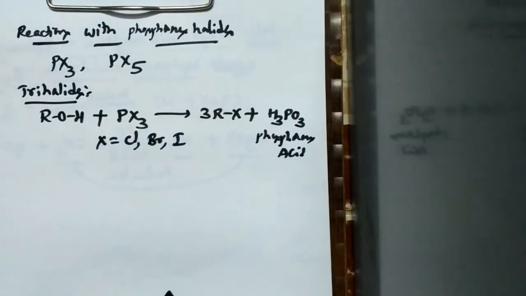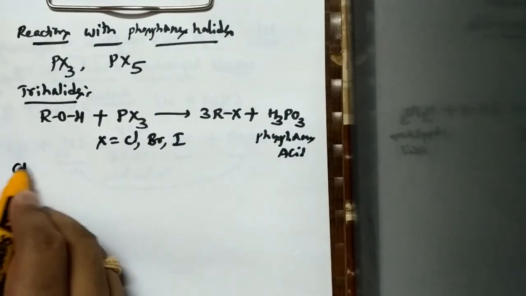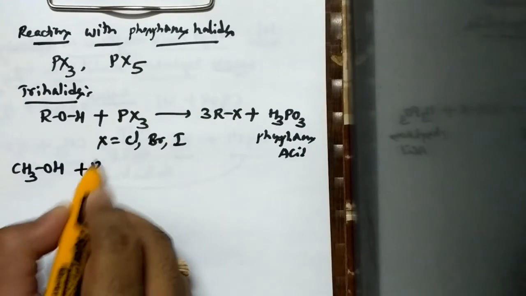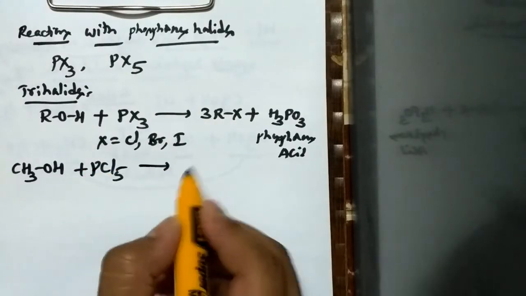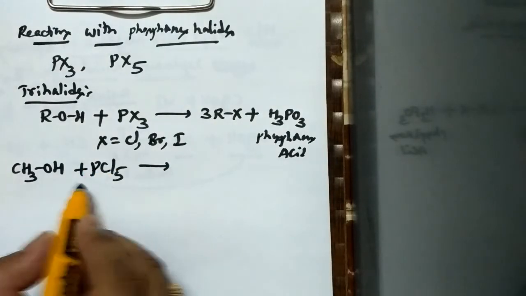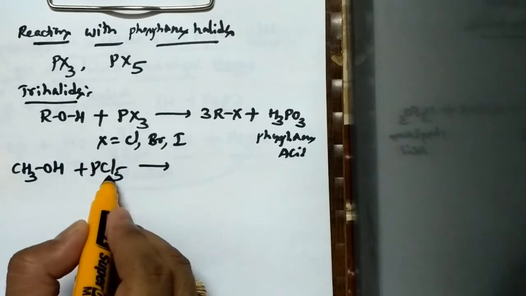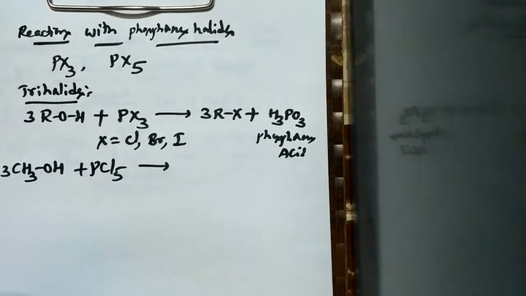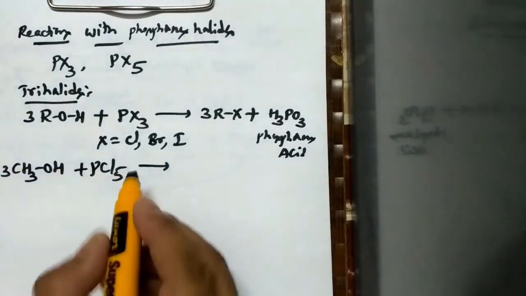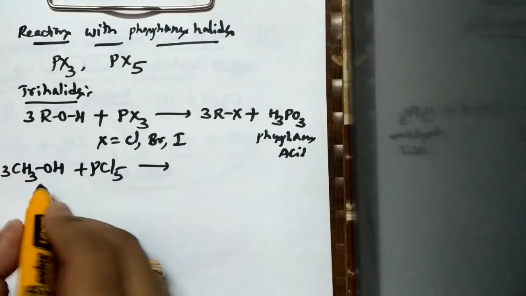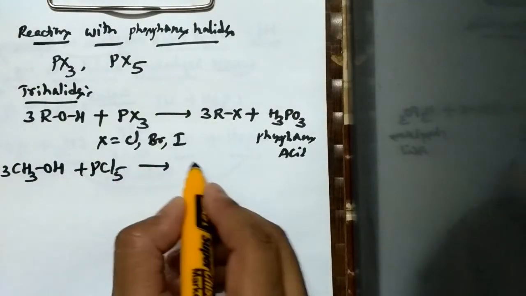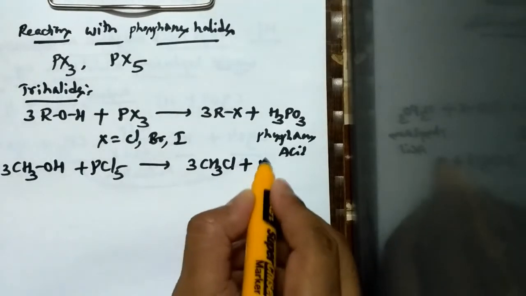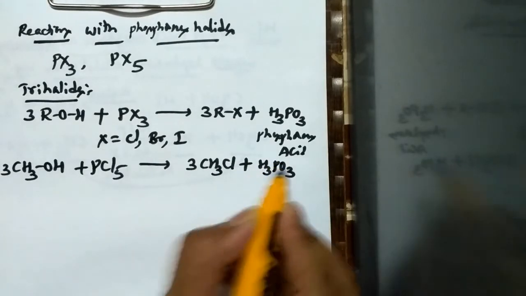In the same way, when we take a particular example of methyl alcohol, when this methyl alcohol is made to react with PCl3, three halogen atoms are there. Due to this reason, 3 moles of alcohol will be involved in the chemical reaction, where 3 moles of alcohol combine with Cl to give 3 moles of CH3Cl along with the formation of H3PO3.